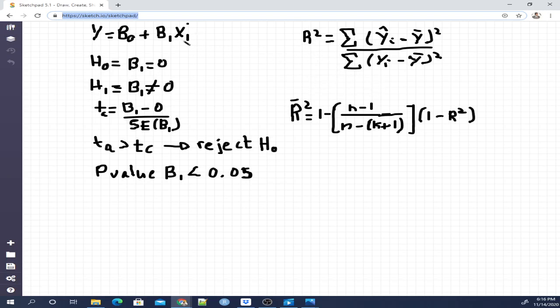As you add more x's, more independent variables, R-squared is going to increase. In order to take away the impact of those additional variables, we'll use adjusted R-squared, and that's going to give us a better comparison between 2 or 3 different models that might have a different number of x variables.